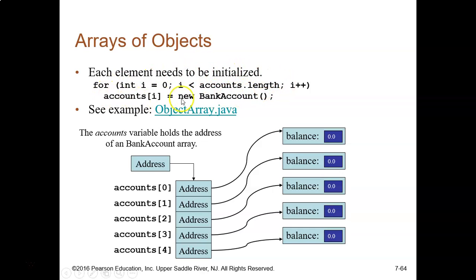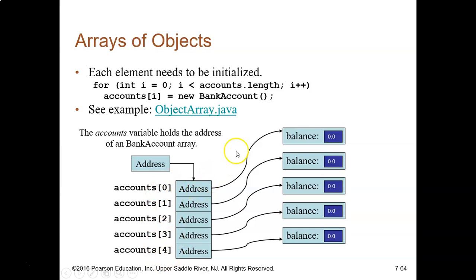But here's the part that will actually create the new bank accounts that are in the array. So we say accounts sub i, and again, we're starting our loop at 0, equals new BankAccount. We have to use the new keyword again because we're now actually creating the object. Inside this loop, we now have the actual accounts that have been created.